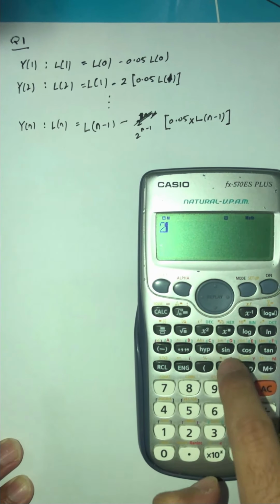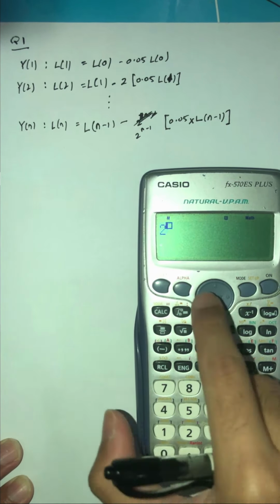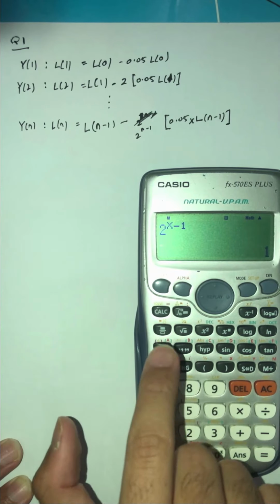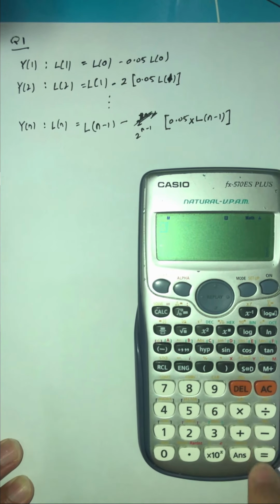2 to the power of x minus 1. If you plug in x equal to 1 it will be 1, x equal to 2 will be 2, x equal to 3 will be 4, x equal to 4 will be 8. So it is double each time. 1, 2, 4, 8, 16 and so on.